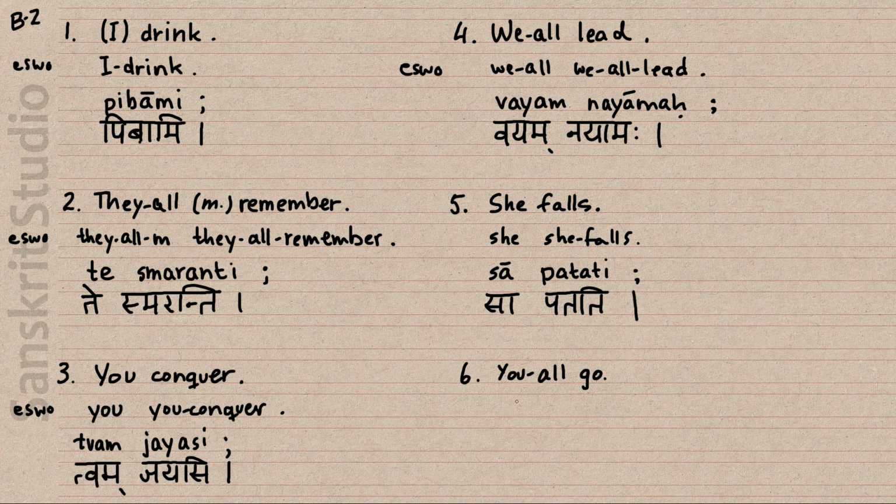And number 6, you all go. Okay, we have an explicit pronoun, and we have clarification of the verb, and we have yuyam here.